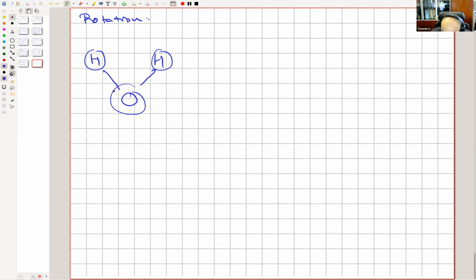And for those who are interested, this angle, does anyone remember what the angle is? Do we still remember our chemistry from year 1 and year 2? 109, 105, 104.5.